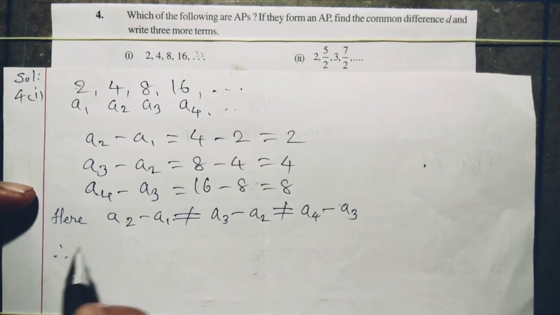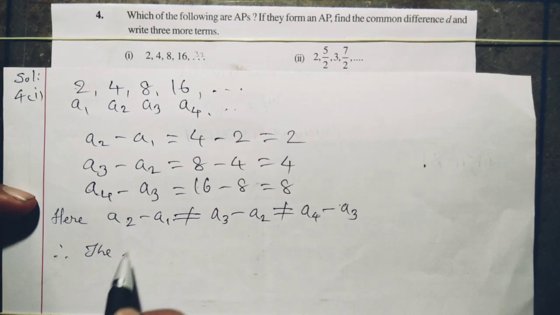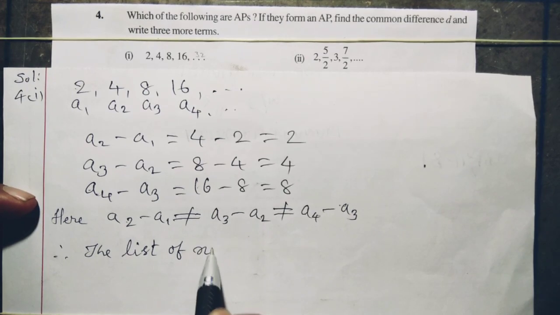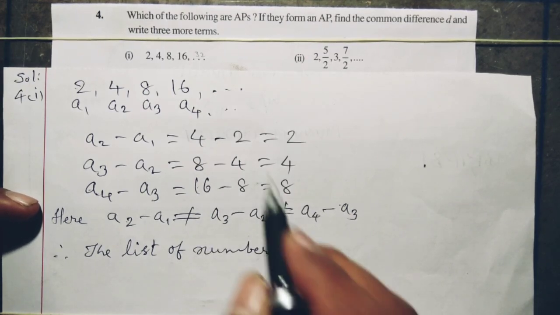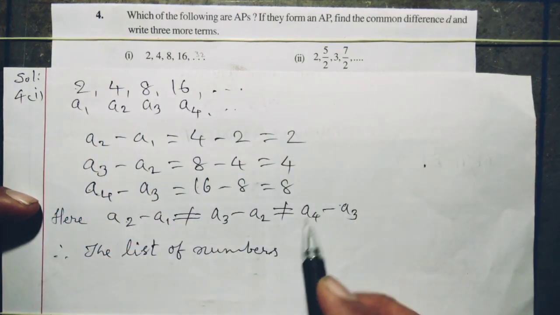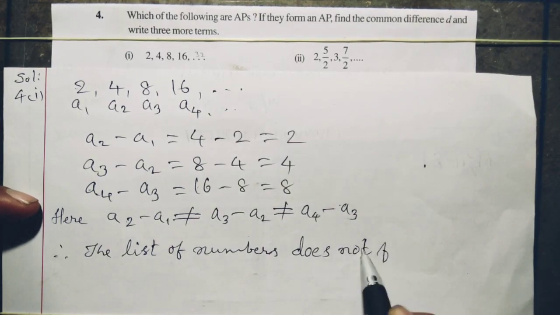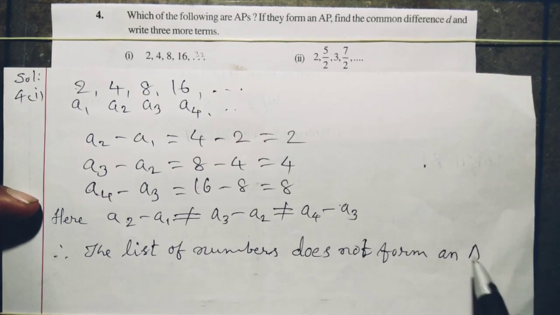Therefore, the list of numbers 2, 4, 8, 16 does not form an AP.